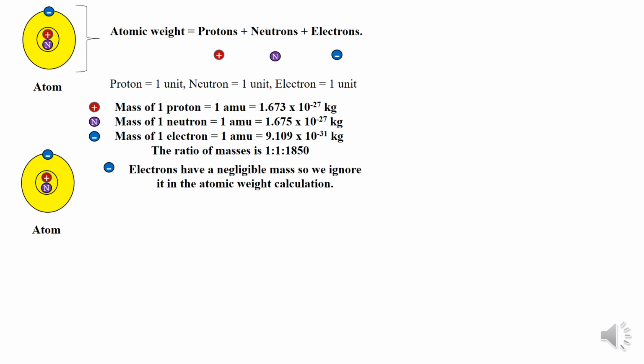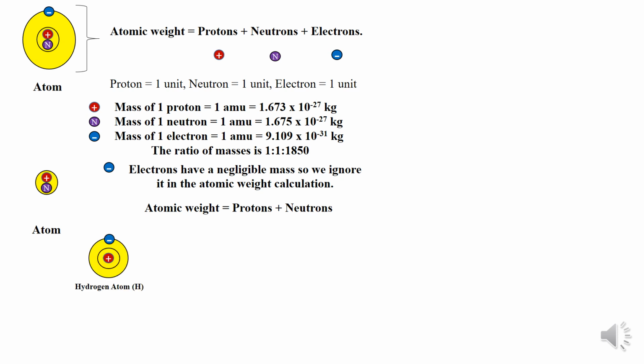So why do we ignore the mass of electron in the atomic weight calculation? Because its mass is nearly 2000 times lighter than that of proton and neutron. So atomic weight will be the sum of protons and neutrons, ignoring the mass of electron.